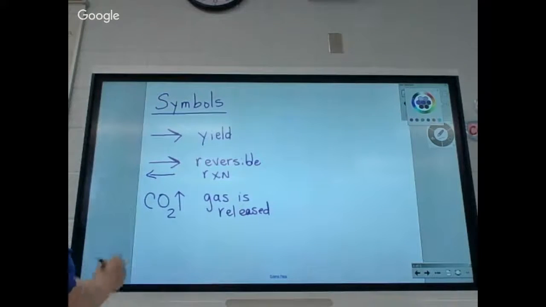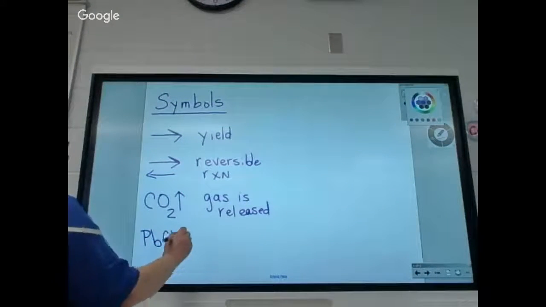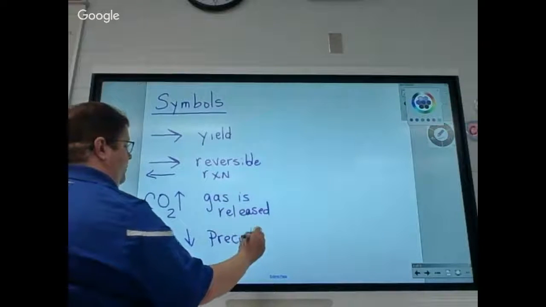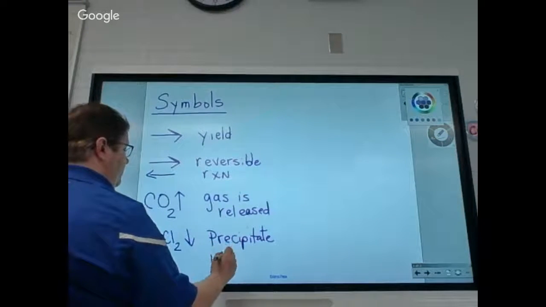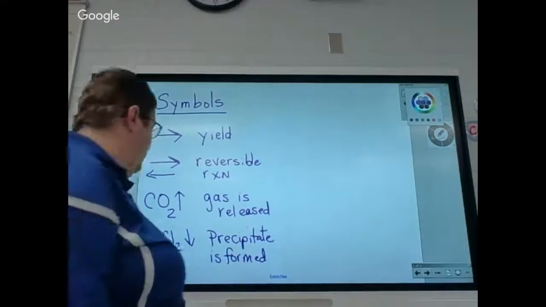Or you might see something like a down arrow. That means a precipitate is formed. All right?